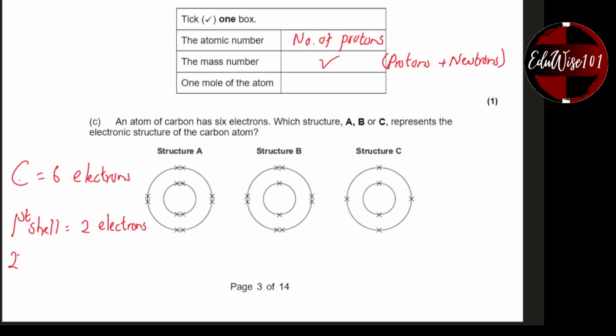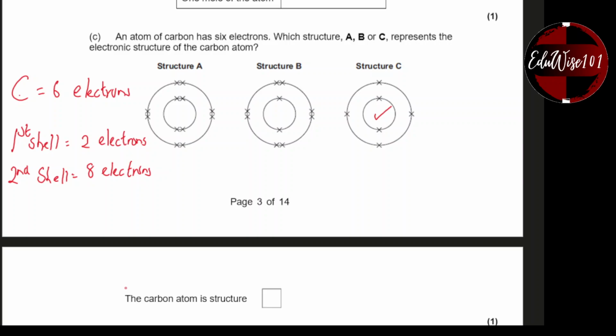The second shell can have 8 electrons. So out of the 6, 2 go in the first shell and the other 4 go in the second shell. So it will be structure C. So the carbon atom is structure C.